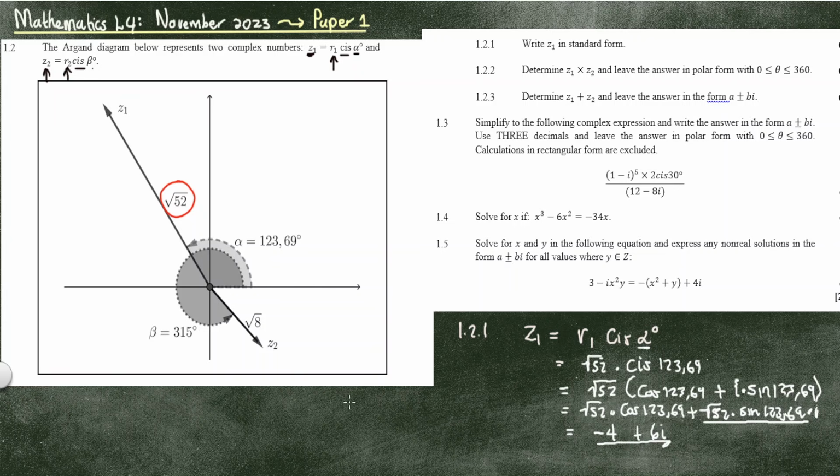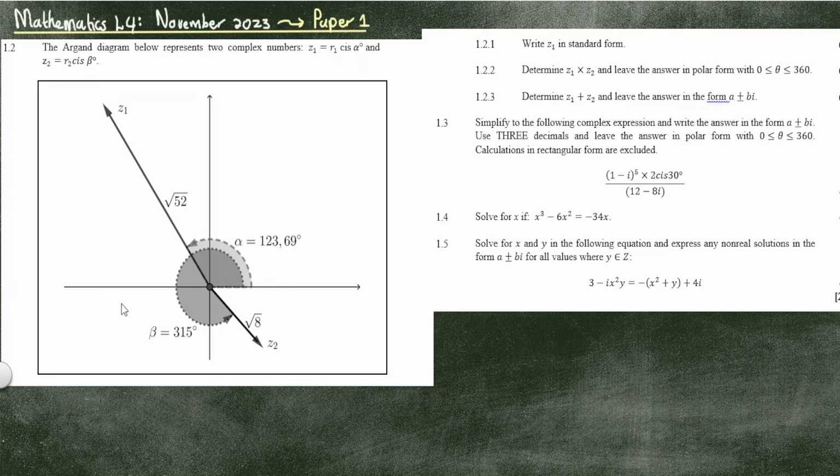For the next one, I think I can erase this part. Let's go for 1.2.2. Determine z1 times z2. What is z1?